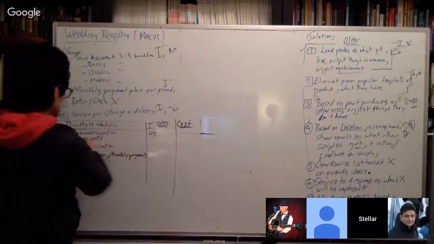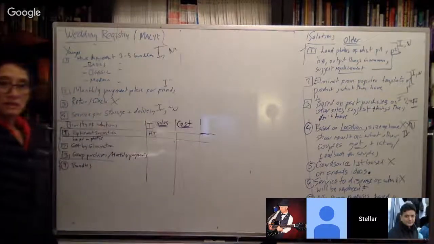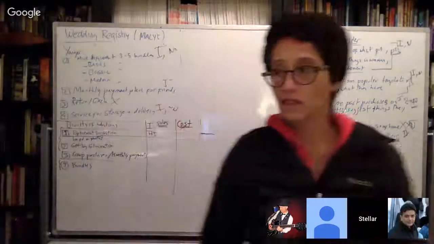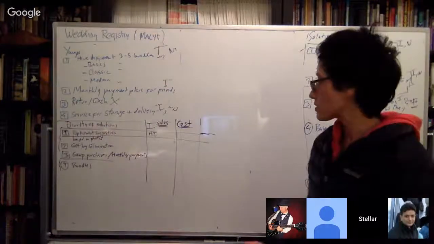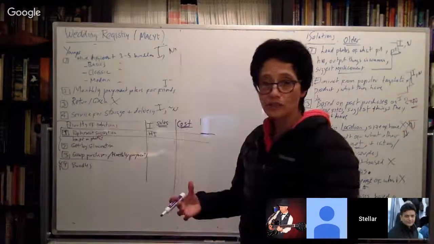In terms of cost, it's a capital investment at first. Usually they probably need some machine learning algorithms. So it can be costly at first.